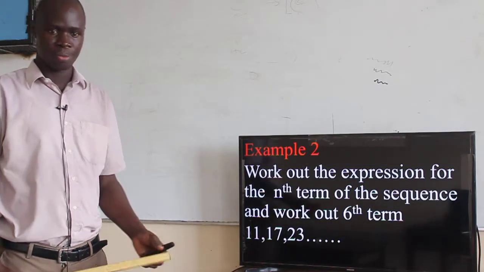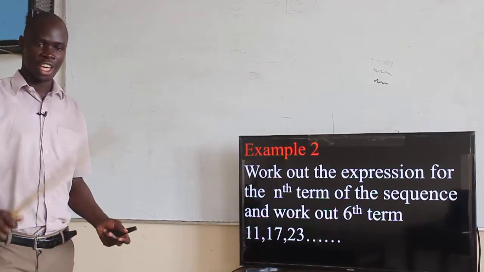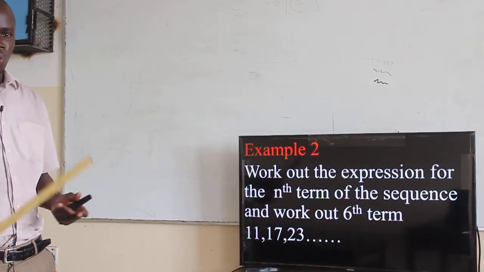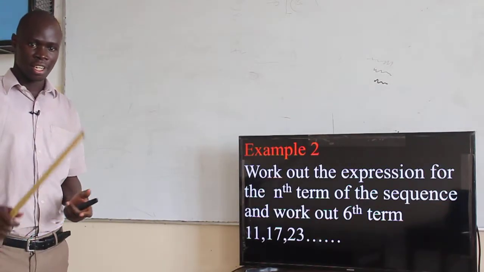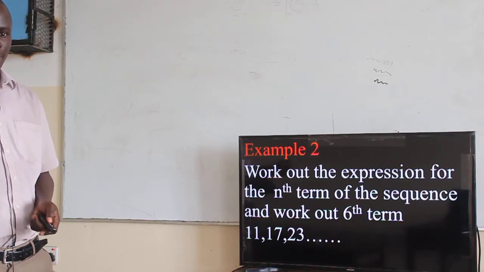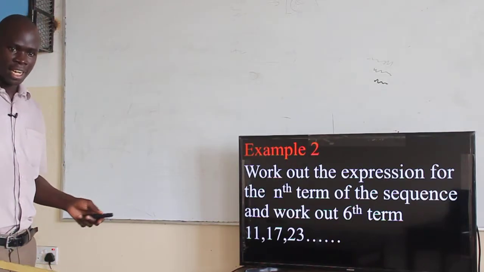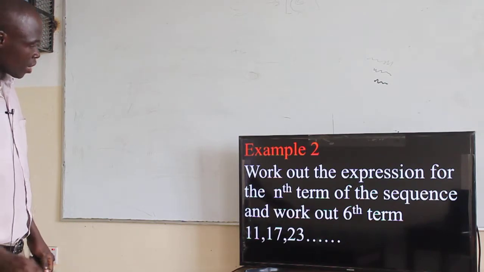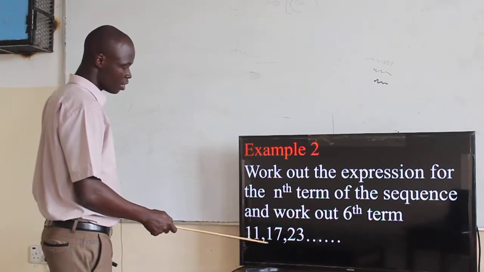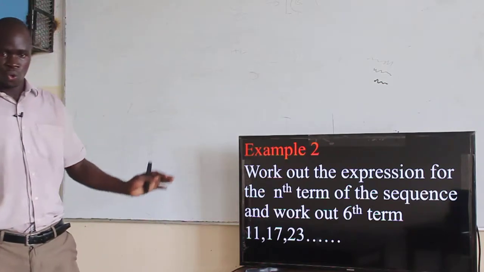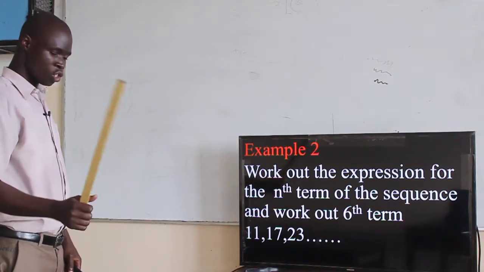Example number 2. Work out the expression for the nth term of the sequence and work out the 6th term. Now, what we have here is 11, 17, 23. You look at this one, the value is still increasing.